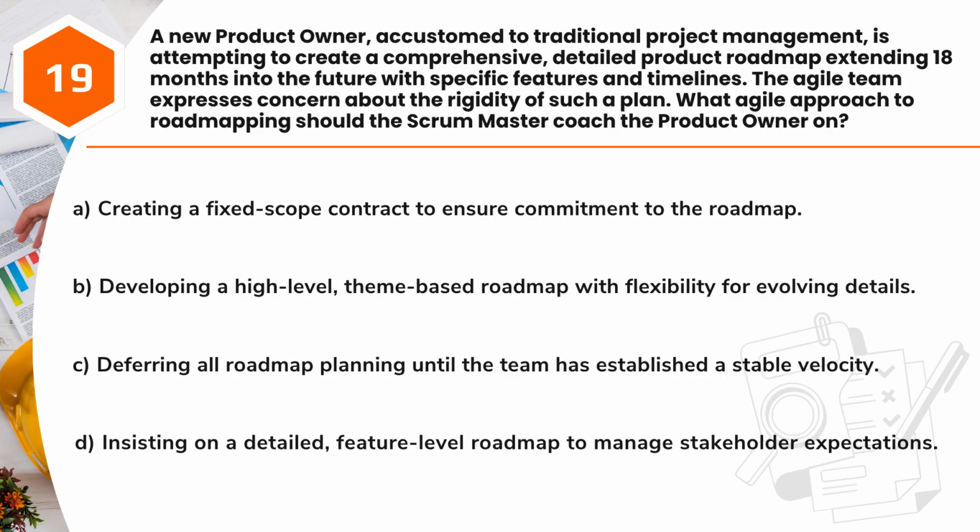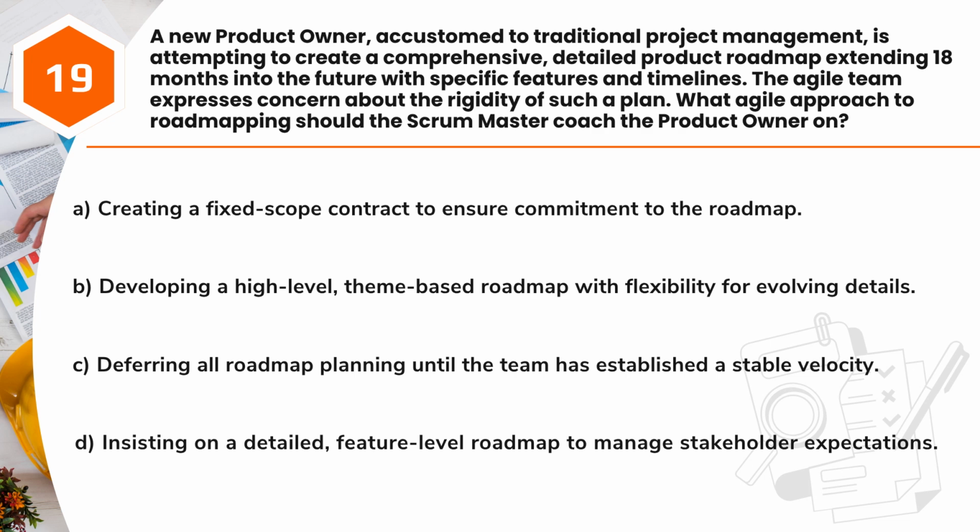Question 19. A new product owner, accustomed to traditional project management, is attempting to create a comprehensive, detailed product roadmap extending 18 months into the future with specific features and timelines. The Agile team expresses concern about the rigidity of such a plan. What Agile approach to roadmapping should the Scrum Master coach the product owner on?